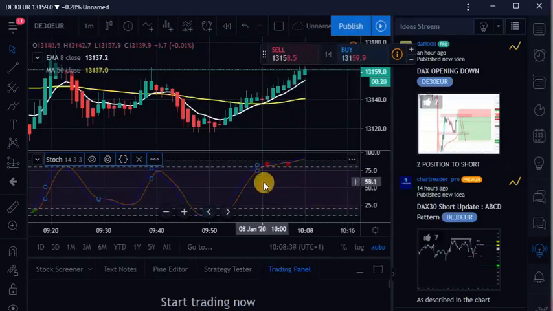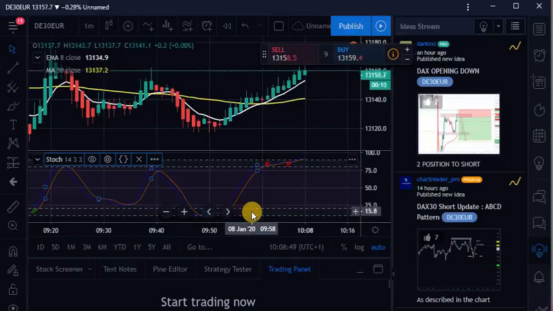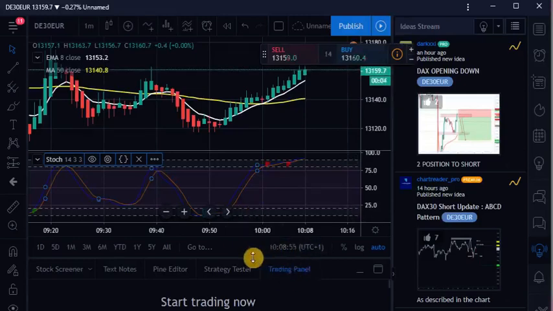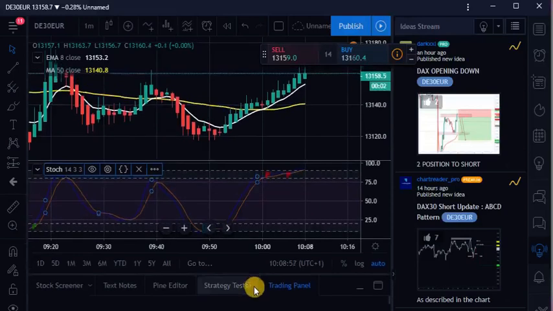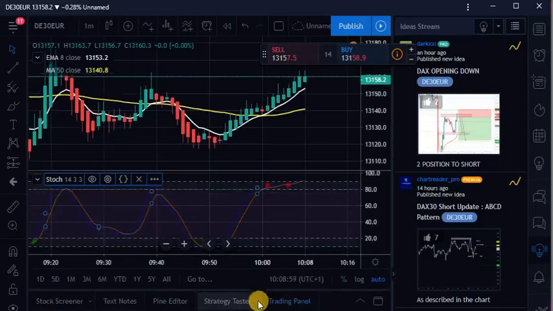Now how does this stochastic work? It is very simple, in the sense that it shows you when to enter the market and when not to enter. By default, the system has already set it that it will show you when to enter and when not to enter.